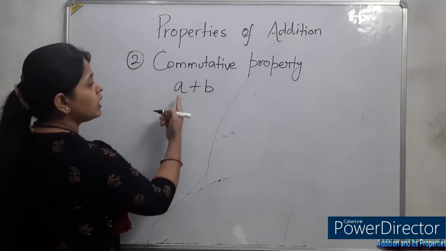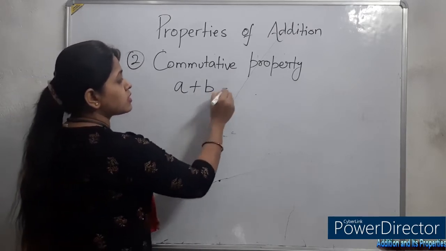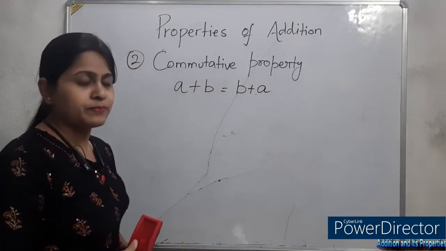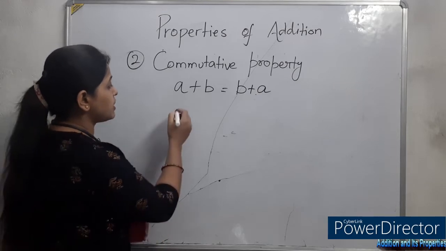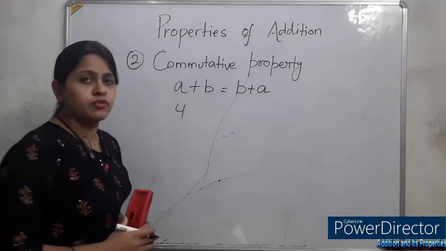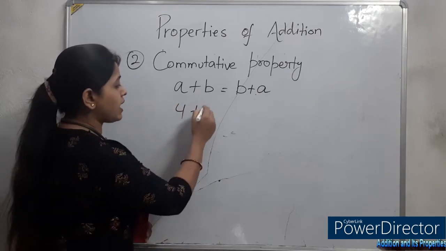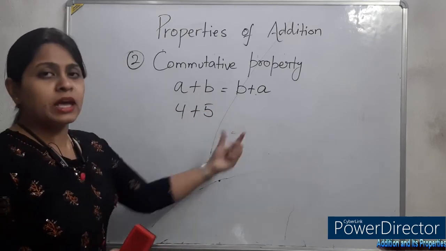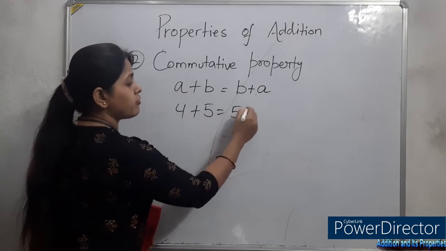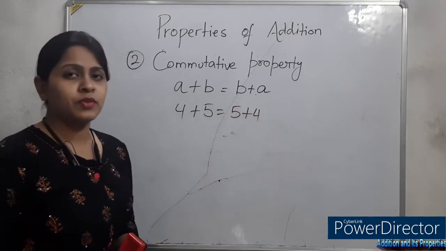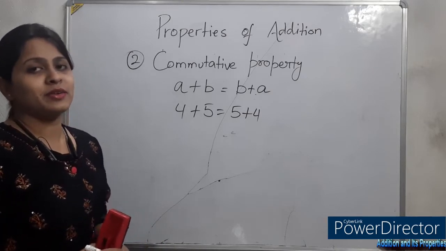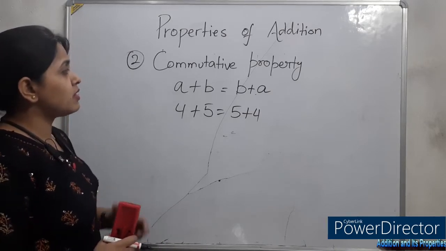Like if we add A plus B, the result will be equal to B plus A. For example, suppose I have taken the digit 4 and I am adding it to 5. The result will be equal to 5 plus 4. So this is our commutative property.